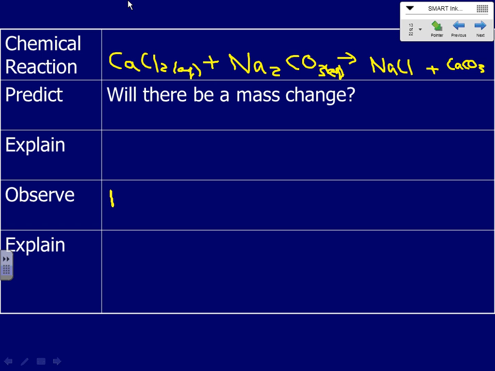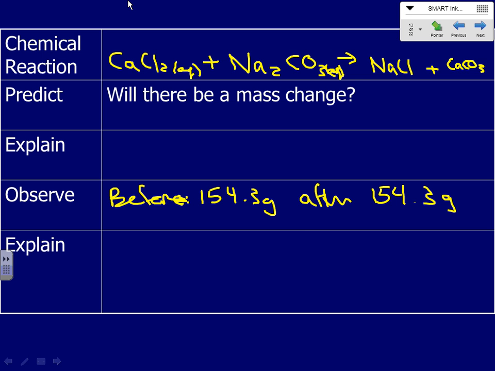We can put here before, 154.3 grams, and after, we've got 154.3 grams. Therefore, no mass change. All right? Okay, again, don't worry about that middle explain.